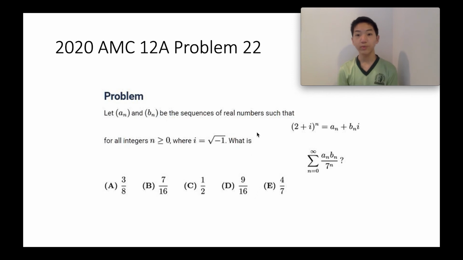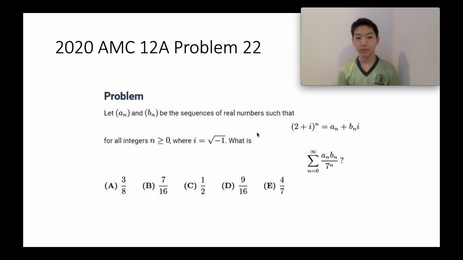So now I'll be going over the example problem for this video. Once again, for this topic, the AMC 10 actually does not cover complex numbers that often, so I'll be using an example problem from the AMC 12. This problem is from the 2020 AMC 12A, problem 22.